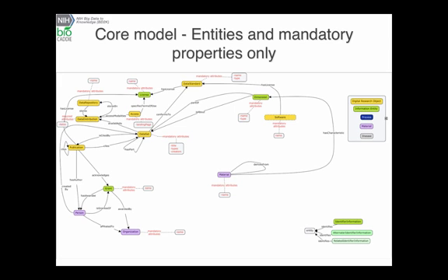So in this diagram, we are now showing you the properties that are mandatory for these entities in the core model. For example, you can see that within data sets, the title, the type, so these are the data types, and the creators are considered mandatory, while, for example, in the access information, a mandatory attribute is the landing page of the data distribution.